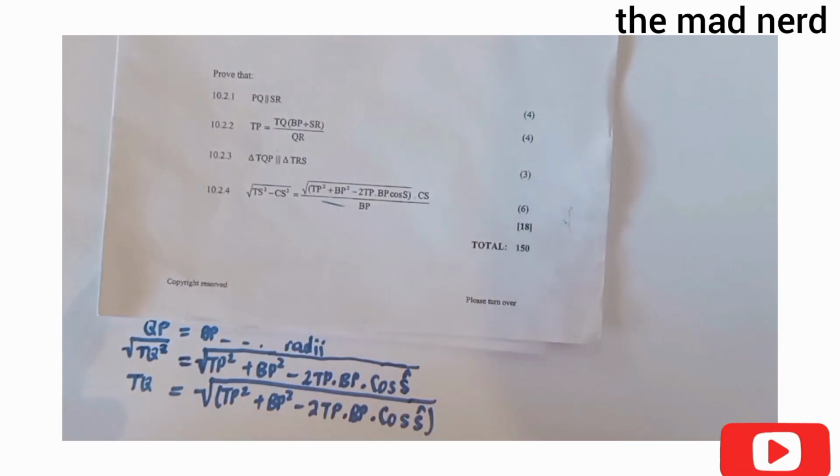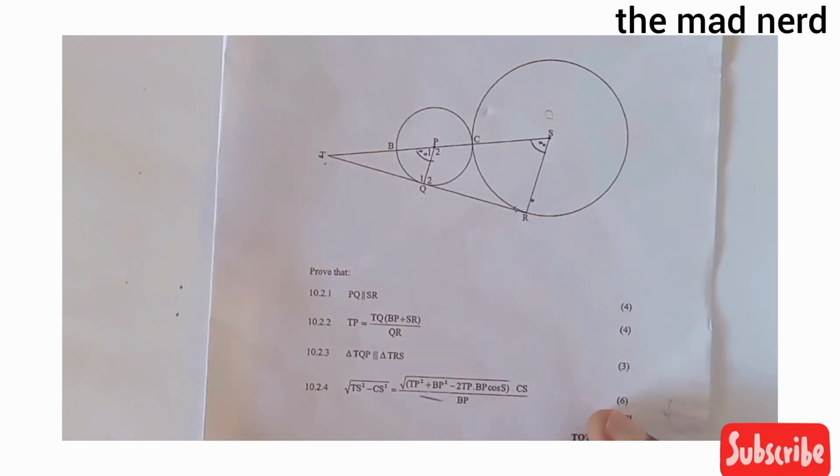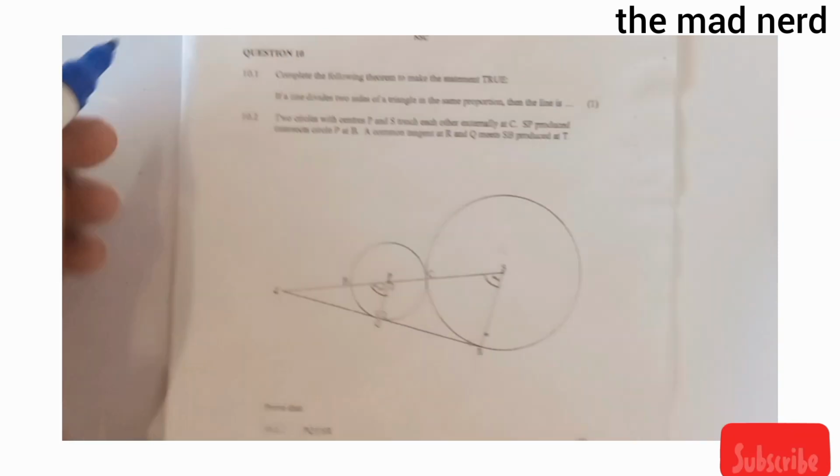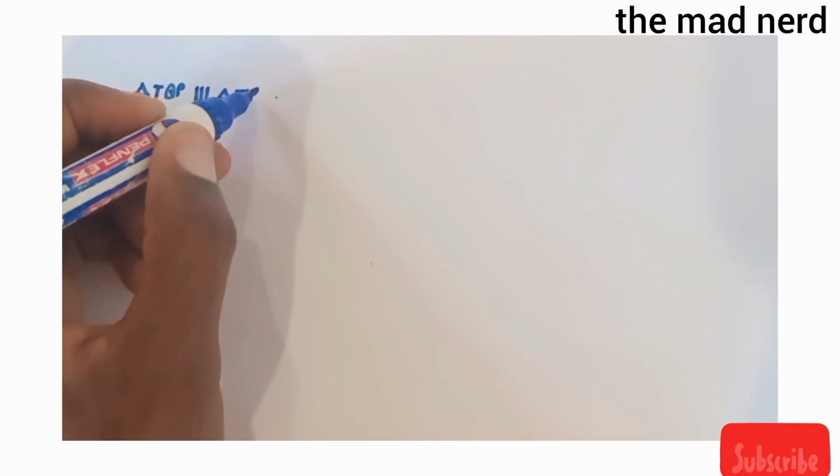Now we have the triangles that are similar to each other: triangle TQP is similar to triangle TRS.